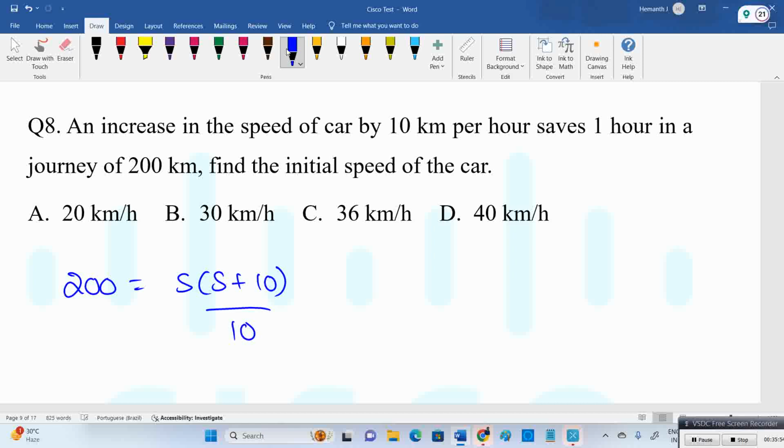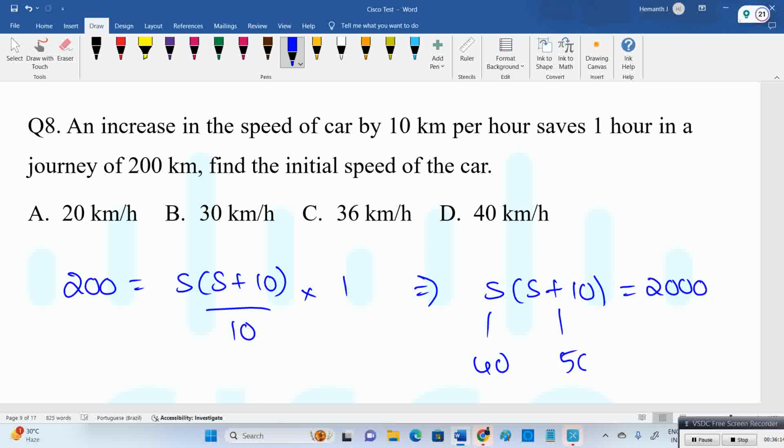S is my initial speed, and the new speed is S plus 10. Time gain is 1 hour. Now the product of two terms with 10 difference should be 2000. It's possible with 40 and 50 only. 40 is the original speed.